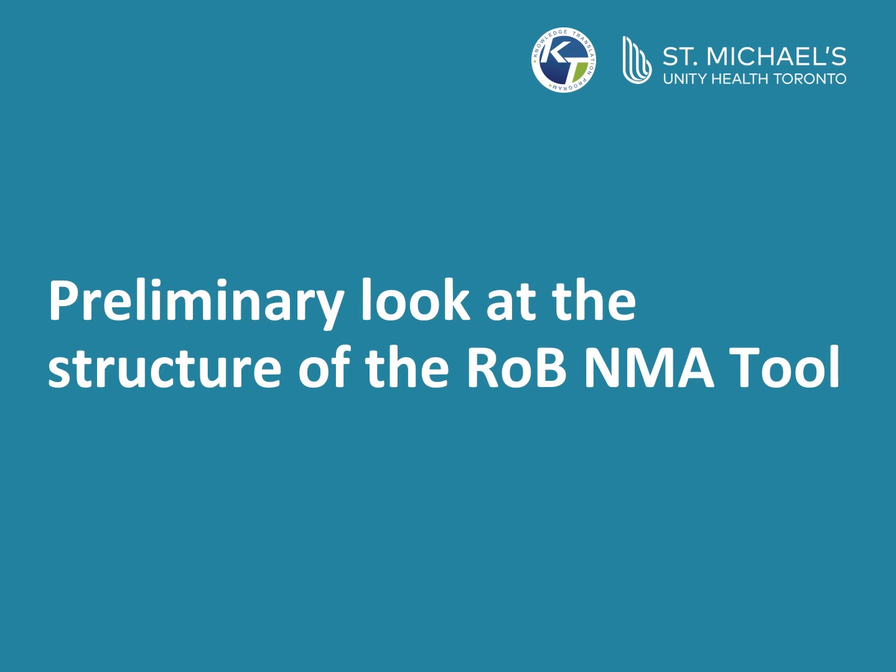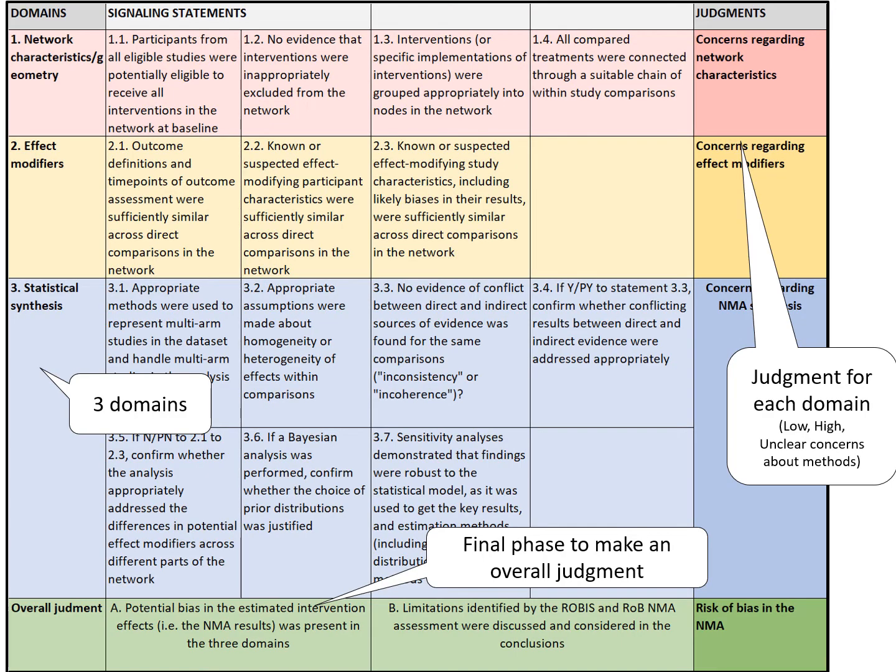So now we'll just take a little preliminary look at the structure of the risk of bias NMA tool. Here is a preliminary look at the structure of the tool. However, the content has not been finalized, so I can't present the questions or the statements today. There are 3 domains to the tool, seen here on the left: network characteristics, effect modifiers, and synthesis.